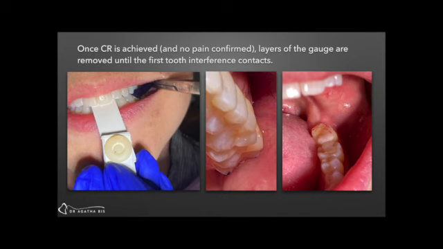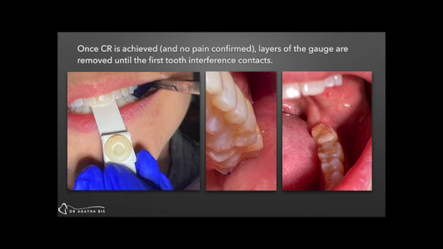So if you actually prep this patient for a crown, let's say you were going to do 2 crowns, which is what we ended up doing to restore those 2 teeth, then you run the risk that once you prep these 2 teeth and she goes to bite down and now there's nothing interfering, if this was truly the very first tooth contact, she's automatically going to slide backwards and allow the lateral pterygoid to relax.